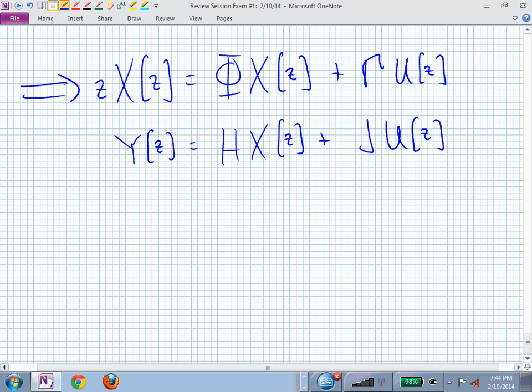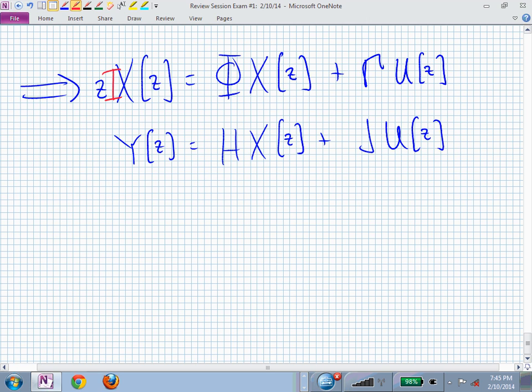It's just now we have to remember that z is a scalar, a complex number, but it needs to somehow be compatible with phi, which is a 10 by 10 matrix. Well, I can make that happen if I simply introduce a 10 by 10 identity matrix. I haven't changed anything.